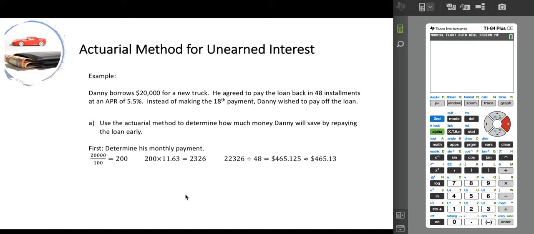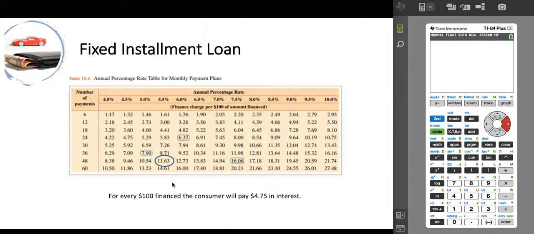So we have to look in the chart to find the amount that he is paying in interest per $100 he borrows. Okay, so I wanted to show you where that number comes from, 11.63. Remember, he's agreeing to pay this off in 48 payments at 5.5% interest. So from the chart, that's that number, 11.63.